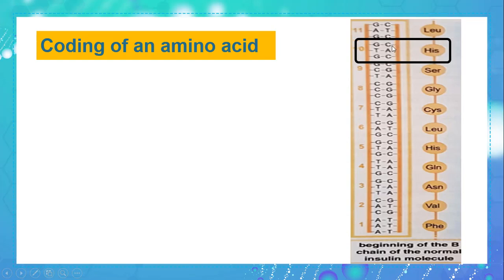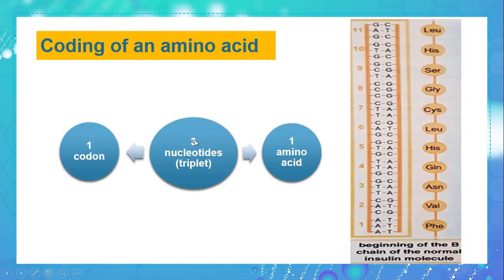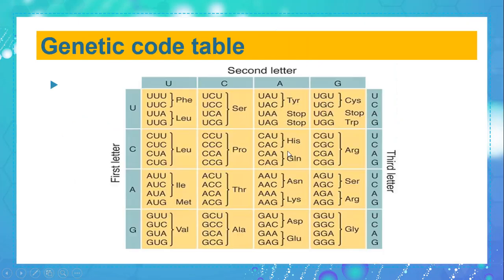These 3 successive nucleotides are described as a triplet or a codon. So every 3 nucleotides are said to be a triplet or a codon, and they code for one amino acid. Here you can see the genetic code table. It is a table that includes all the possible codons and the amino acids that are coded by different codons.